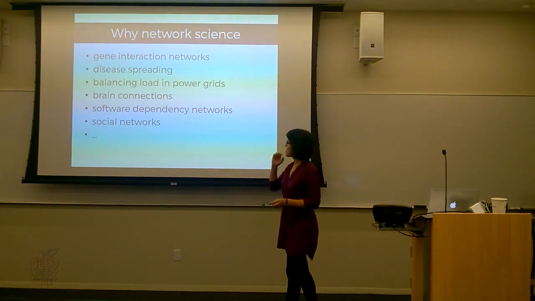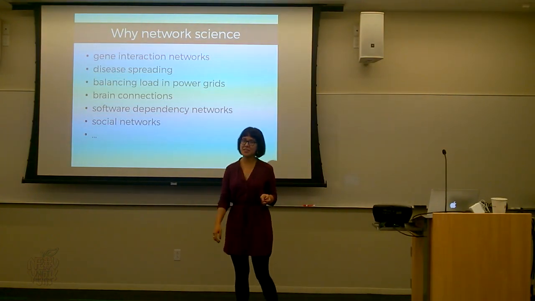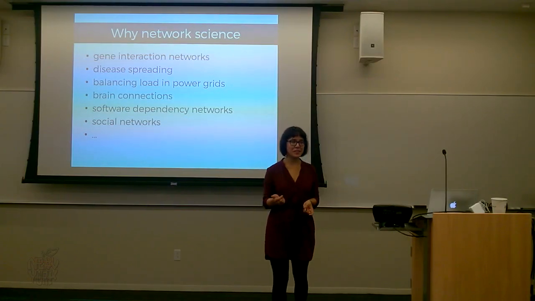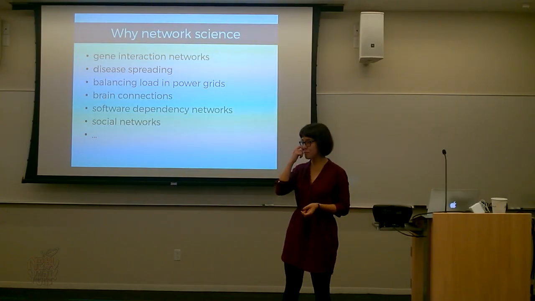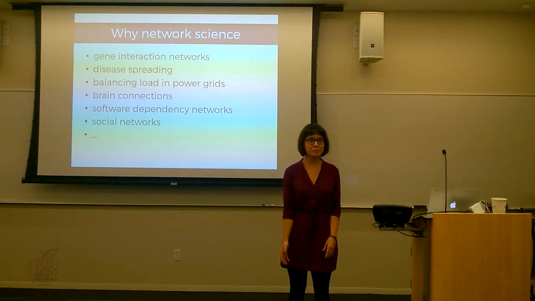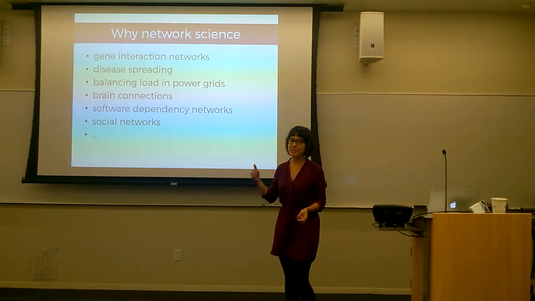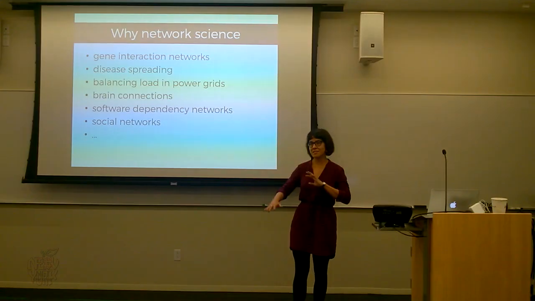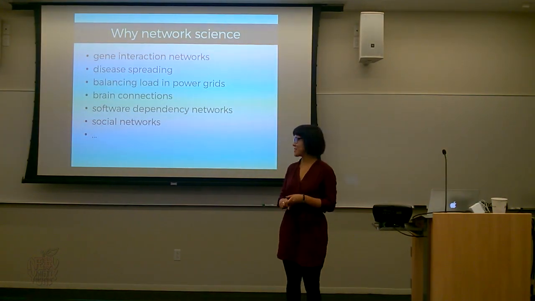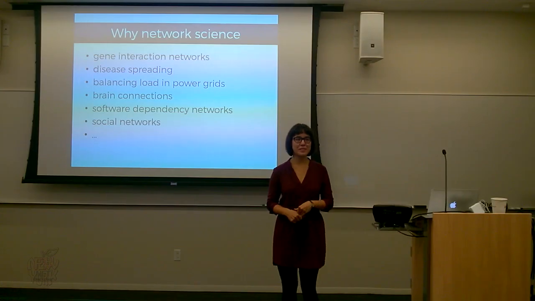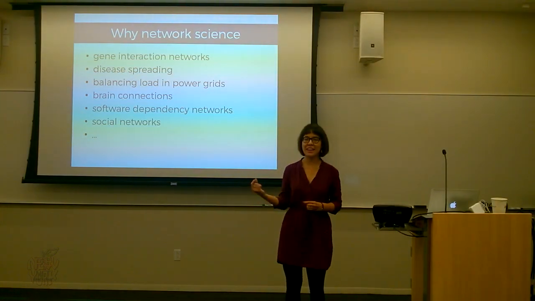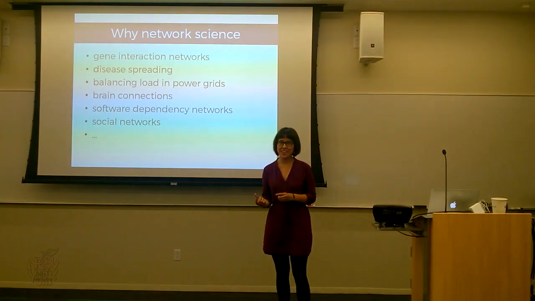Another interesting area of application is power grids. In the US there used to be situations where some plant was overloaded and then there were big blackouts in big parts of the network. So people did quite a lot of research on how to balance loads in power grids. It's also a hot topic in Europe right now because Russia might stop supplying gas to Western Europe any moment.